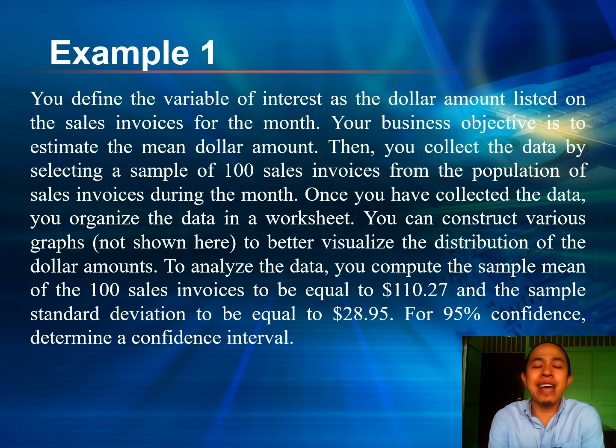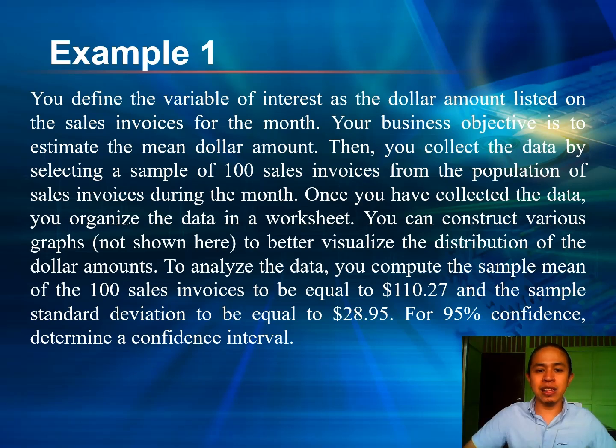So let's use our formula in our example. Example number 1. You define the variable of interest as the dollar amount listed on the sales invoices for the month. Your business objective is to estimate the mean dollar amount.